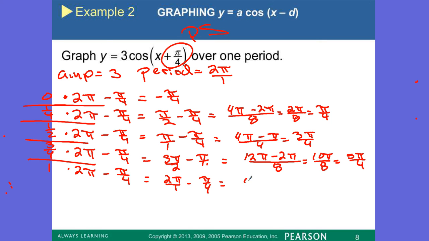So it's going to be 8 pi minus pi over 4, which gives you a grand total of 7 pi over 4.